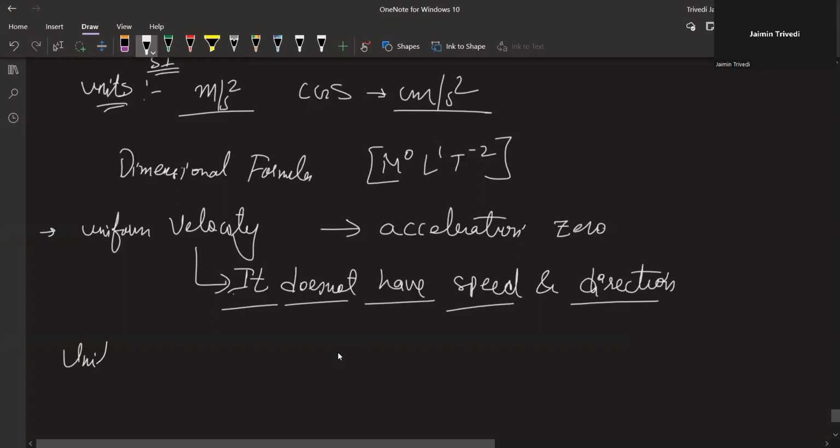Next is uniform acceleration. We saw uniform velocity means acceleration is 0, but now we are keeping acceleration uniform. What does it mean when we say uniform acceleration?